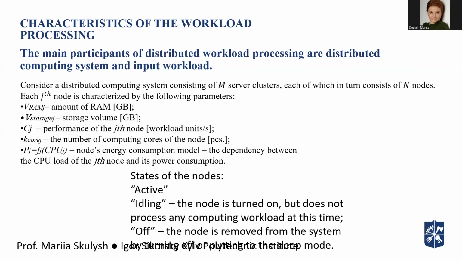Because depending on these parameters, our request or the request of a subscriber can be processed faster or more slowly. And what is the interesting parameter? It's the function P. It's a node's energy consumption model.